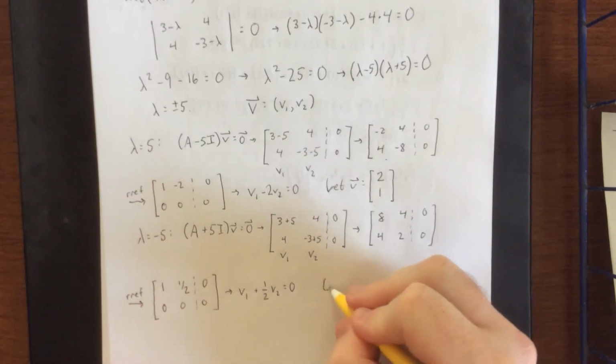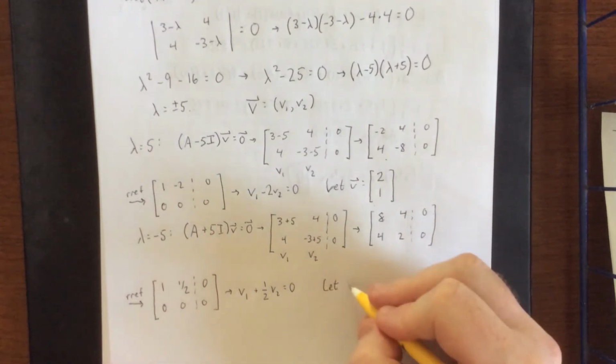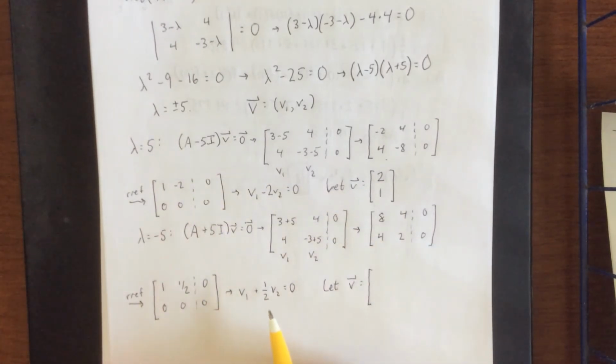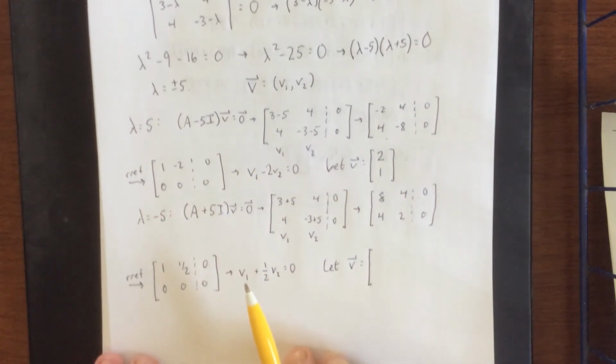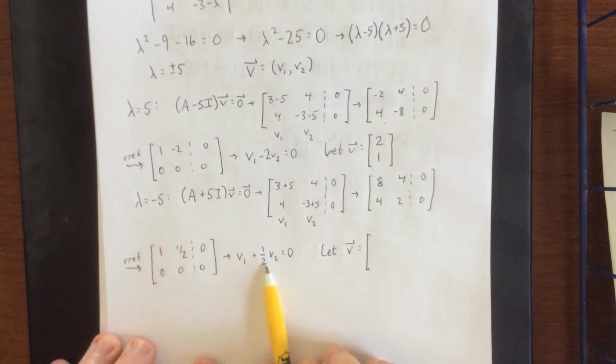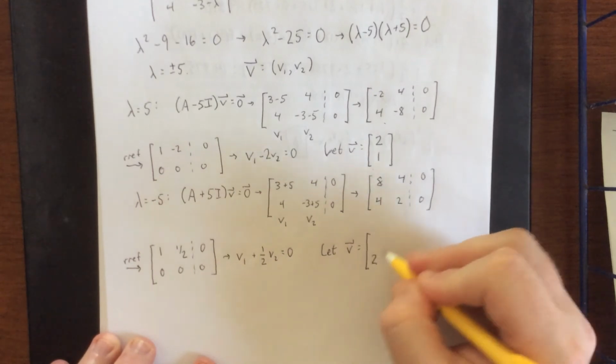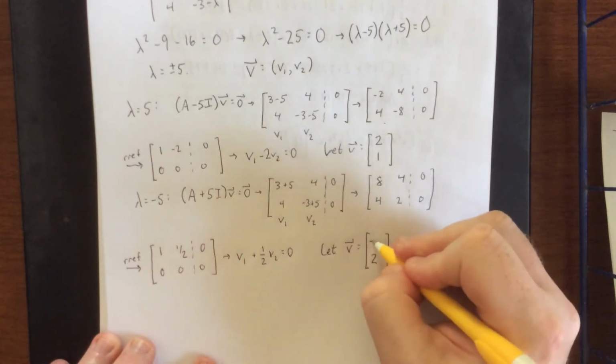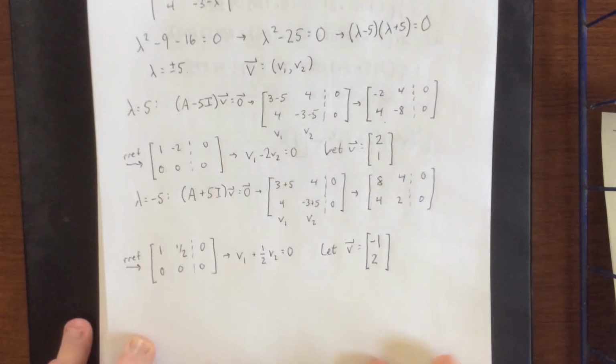Now with that in mind, our free variable is V2, but I want to make sure that it's an even value so that we wind up canceling out this fraction of 1/2. So arbitrarily, I'm going to pick 2 for it. Now when we pick 2 for this, we get that V1 plus 1 is equal to 0, therefore V1 would have to be negative 1.